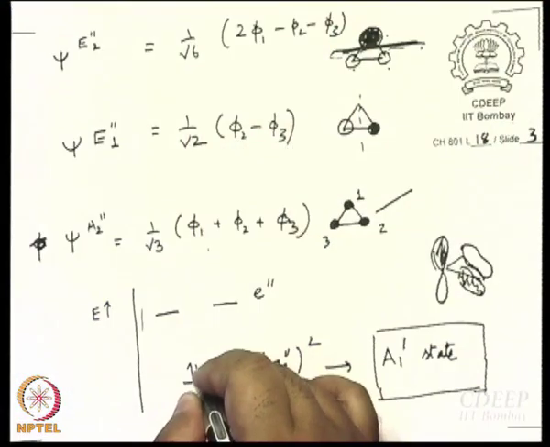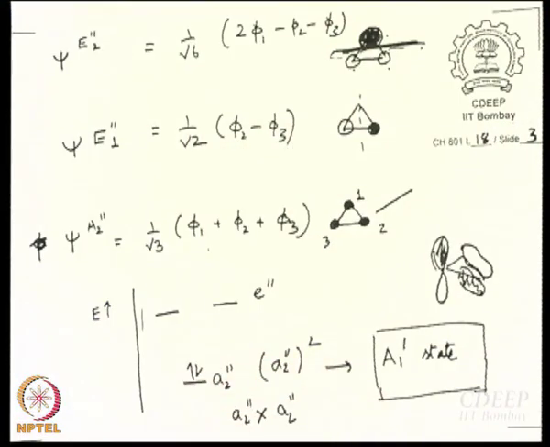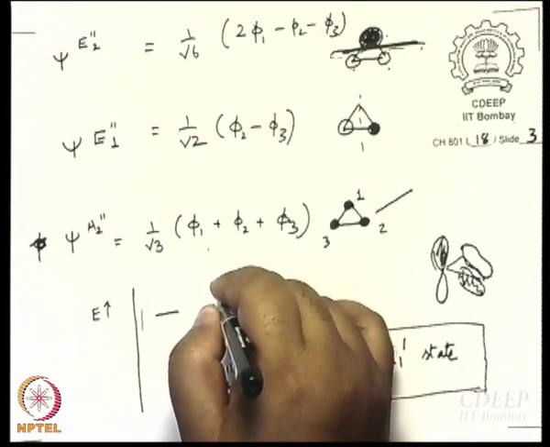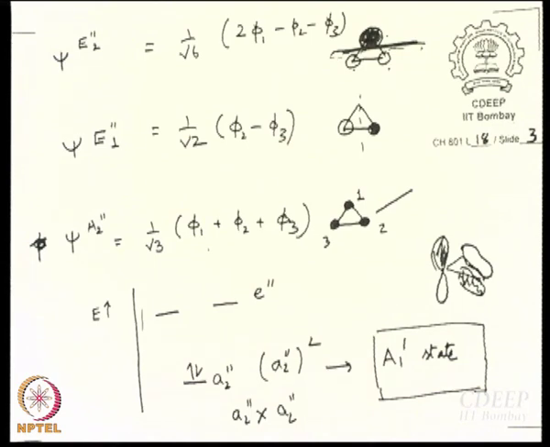What happens when an electron is here? Let us say now you have brought in some light and you have promoted an electron from the A2 double dash molecular orbital to one of these E double dash orbitals. What should it be? Forget about singlet triplet, that comes later. It should be A2 double dash cross E double dash.